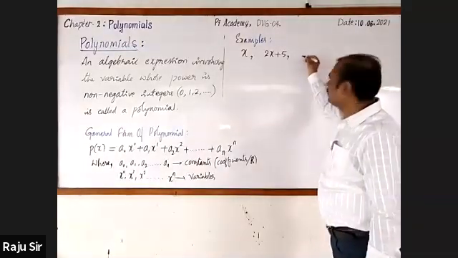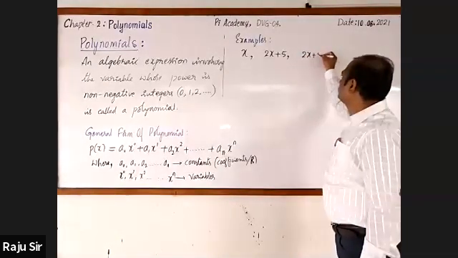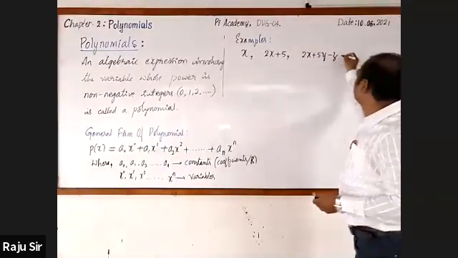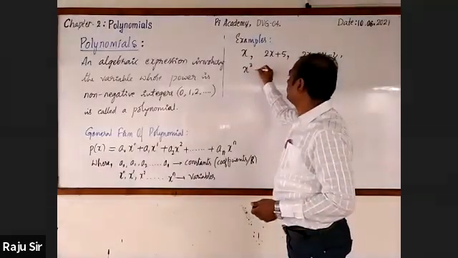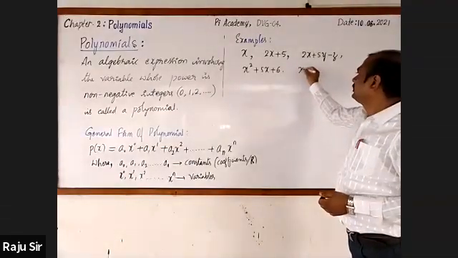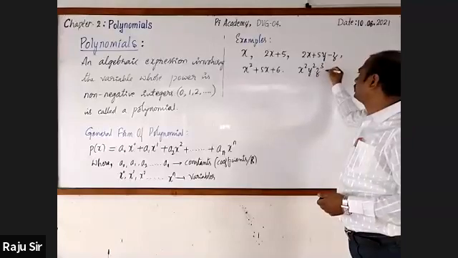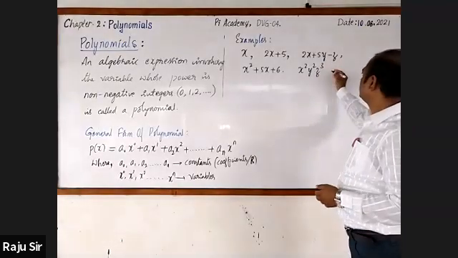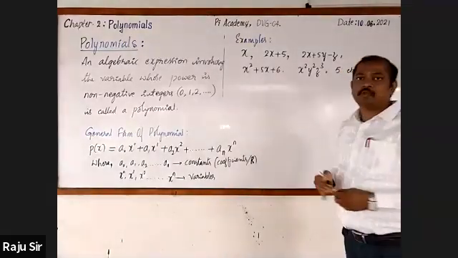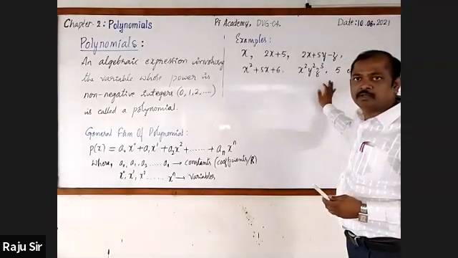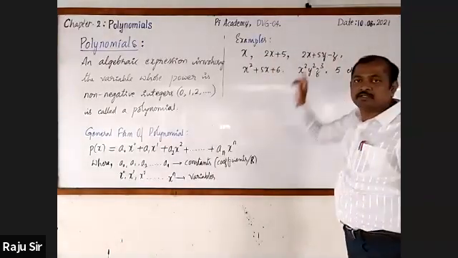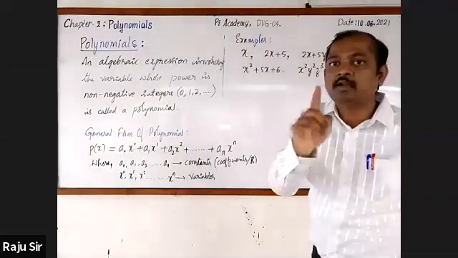Go on writing with me. 2x plus 5y minus z is a polynomial. x square plus 5x plus 6 is a polynomial. x square, y square, z cube is a polynomial. Not only this, even just a constant is also a polynomial. So all these are polynomials because the variables involved in these expressions have power which is a non-negative integer.